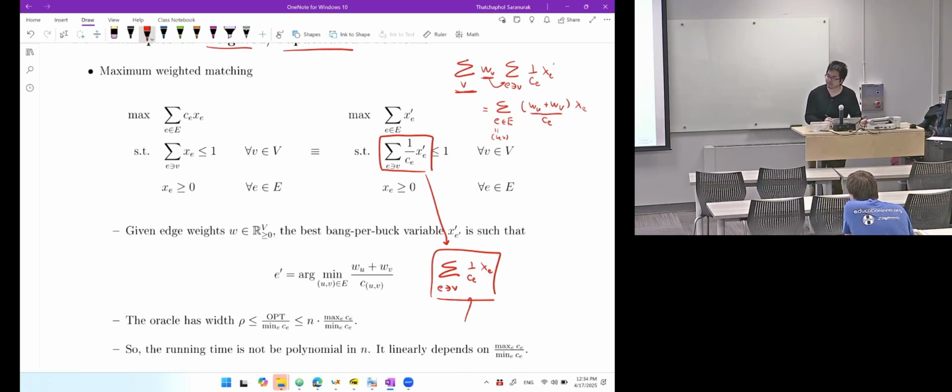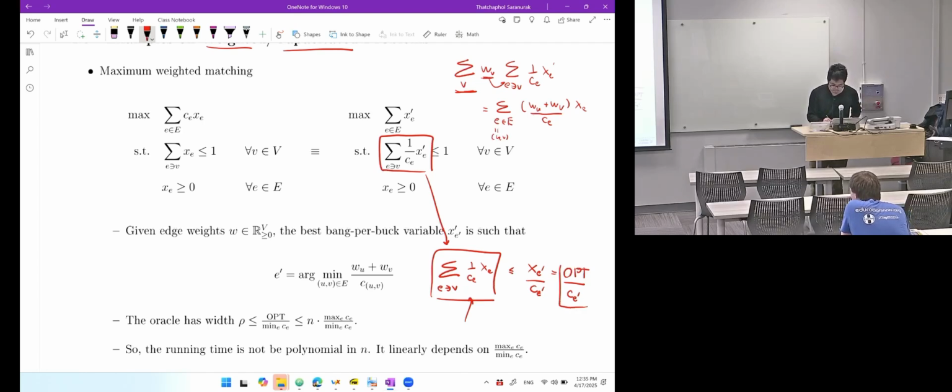And this is just going to be at most x e prime over c e prime, when e prime is the best bang per buck variable, and x e prime is opt over e prime, right?